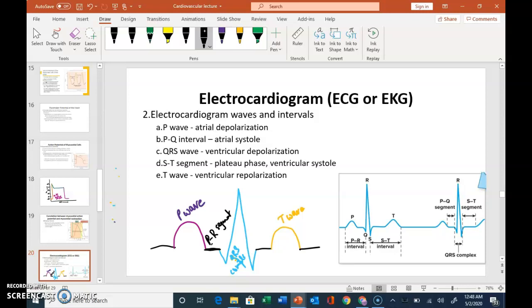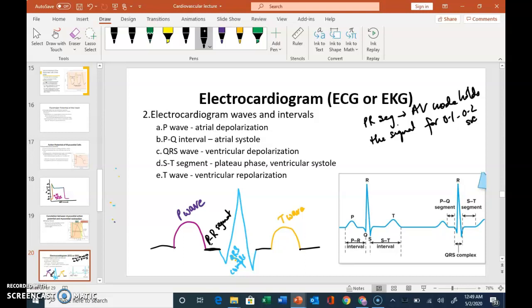The PR segment is the time when the AV node holds a signal for 0.1 to 0.2 seconds. So during the PR segment, remember that the AV node holds the signal for 0.1 to 0.2 seconds.